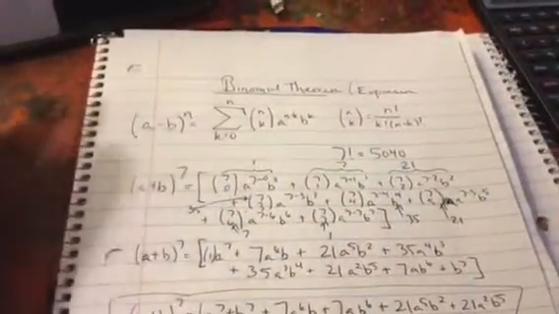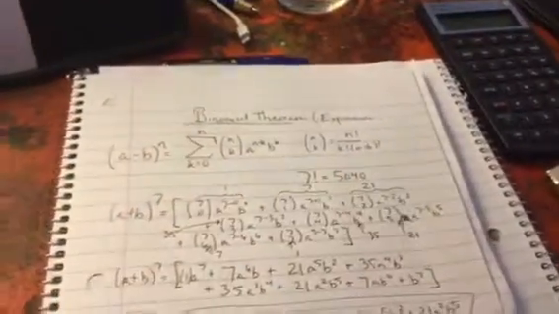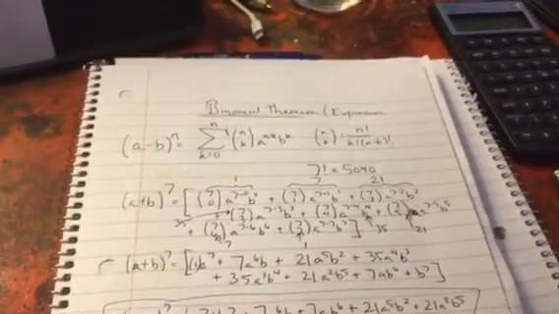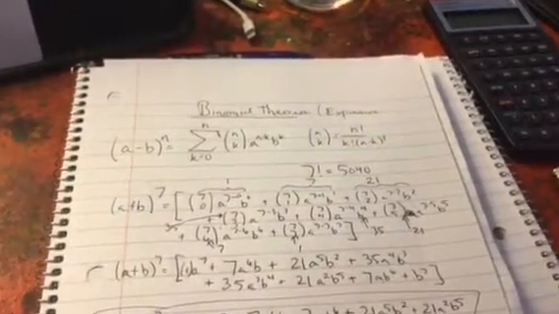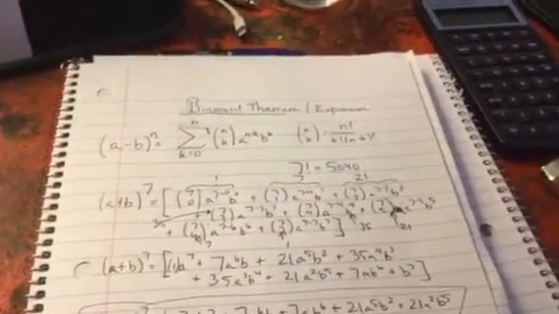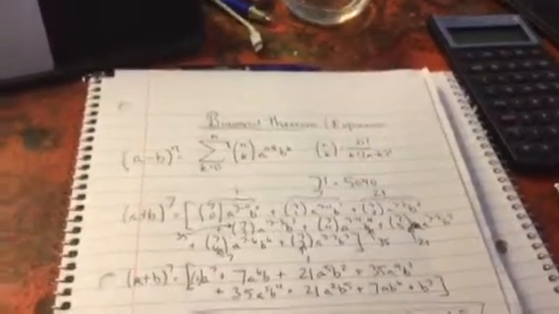And notice how 7 choose 0 plugged in is 7 minus 0, which is 7, but times 0 factorial makes the whole thing 7 factorial divided by 7 factorial, which is equal to 1.